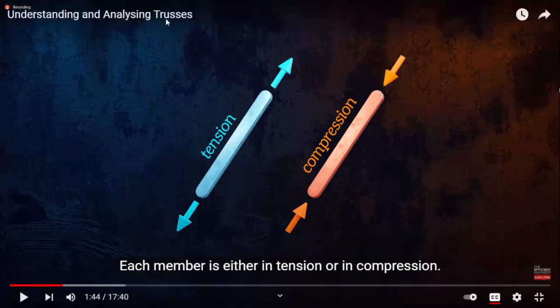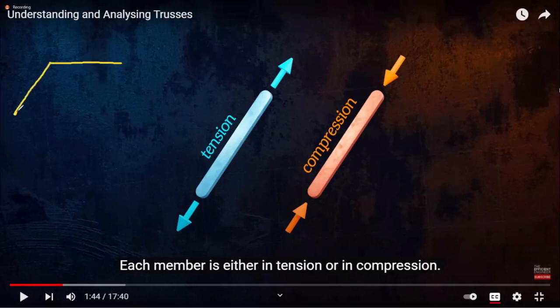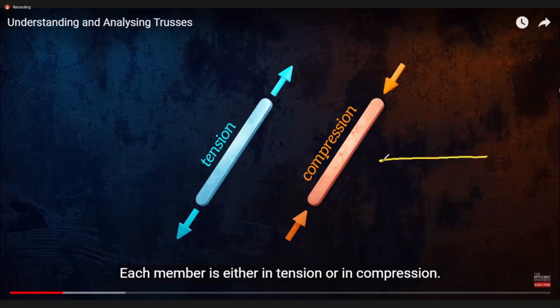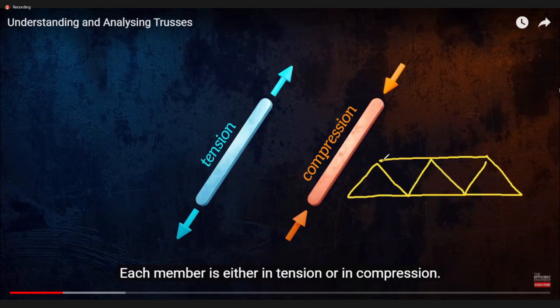What does this mean? First of all, suppose we talk about a truss like this. Then loads are acting at the joints only.